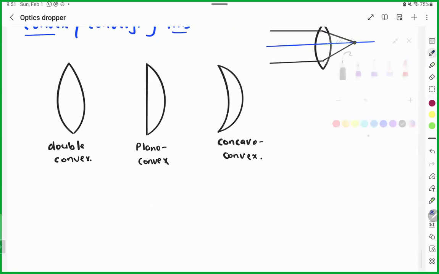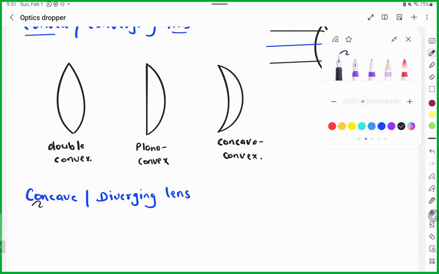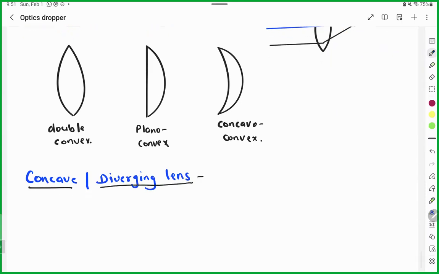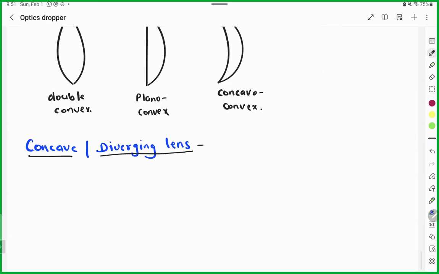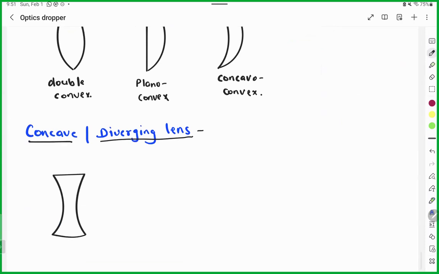And second is the diverging lens, also known as the concave lens. Concave or diverging lens. This is double concave.